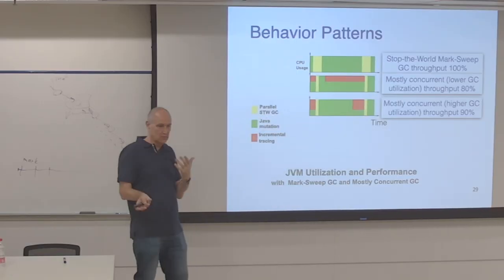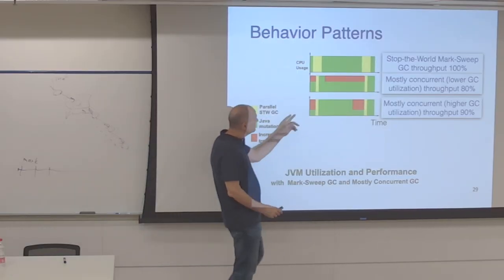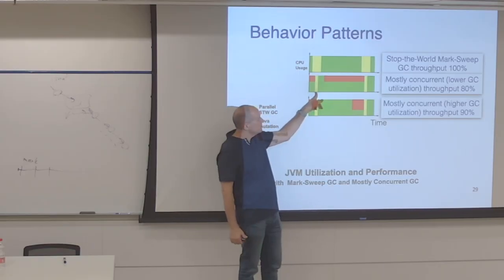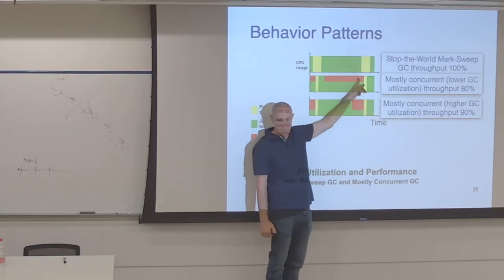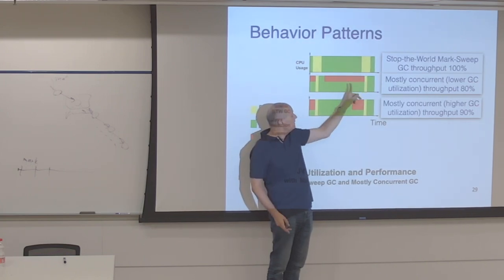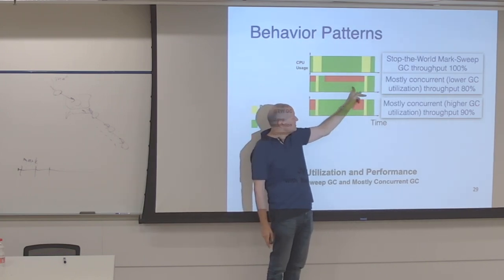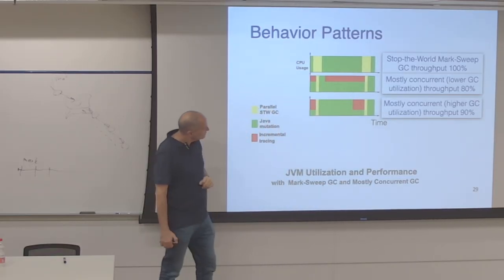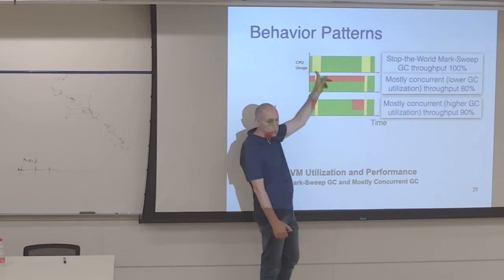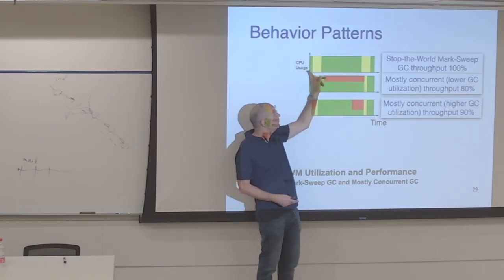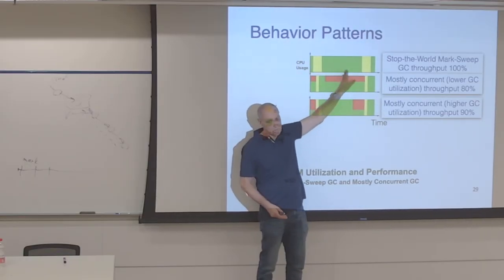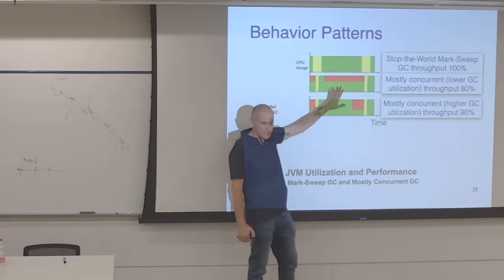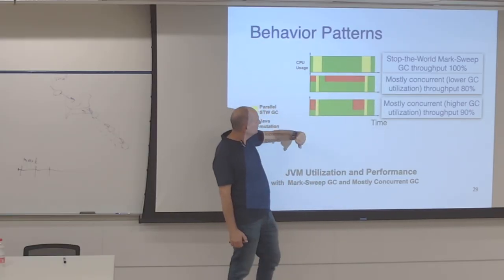How much is given to the collector? How much to the program? So in the yellow thing, all the CPU time goes for the collector. The red thing is the CPU time given to the collector, and green is for the program. So first of all, this is stop the world. So you just stop the program, run the collector, and then run the program. This is what we started with.